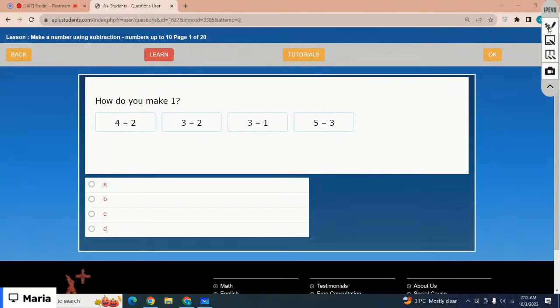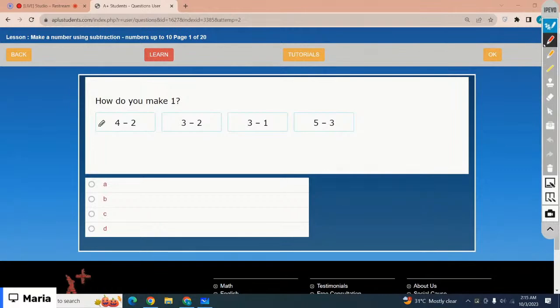Start with the first one. 4 take away 2 is 2, right? Then 3 take away 2 is 1, right? The next one is 3 take away 1. So 3 take away 1 is 2.